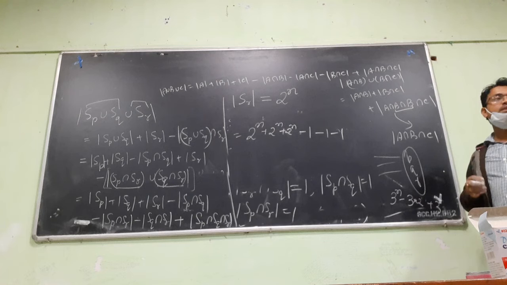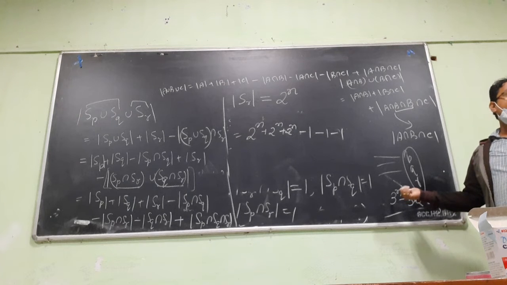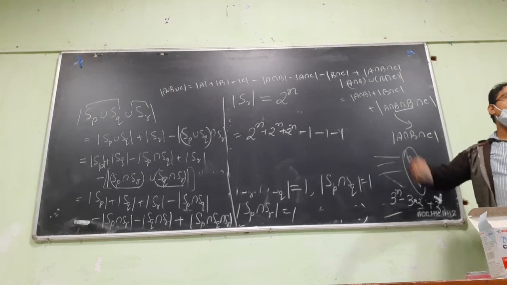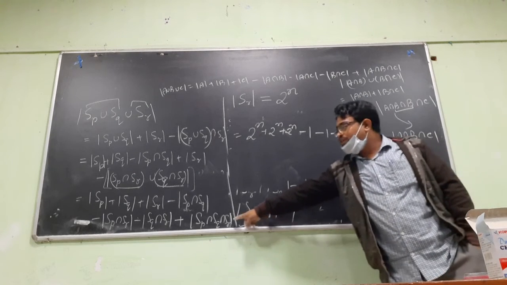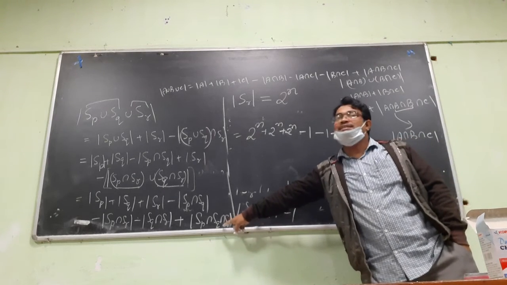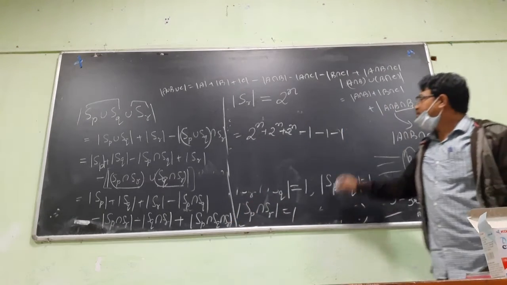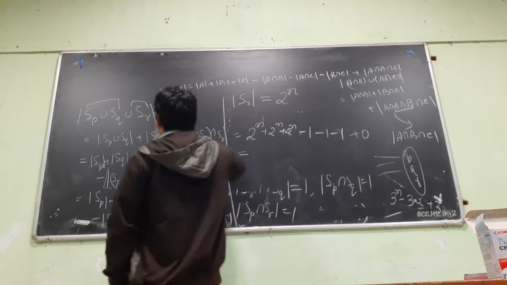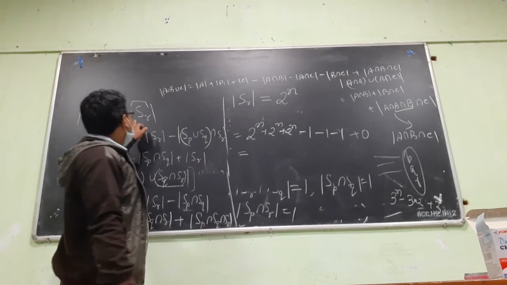How many such functions are there? There is none, so the number is 0. There is no function which satisfies this. This set is actually an empty set.